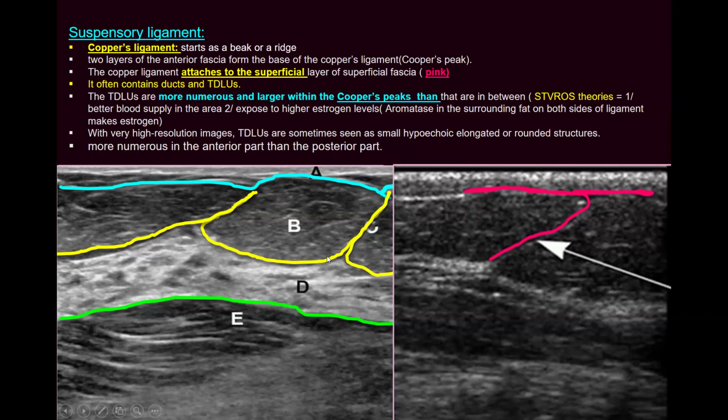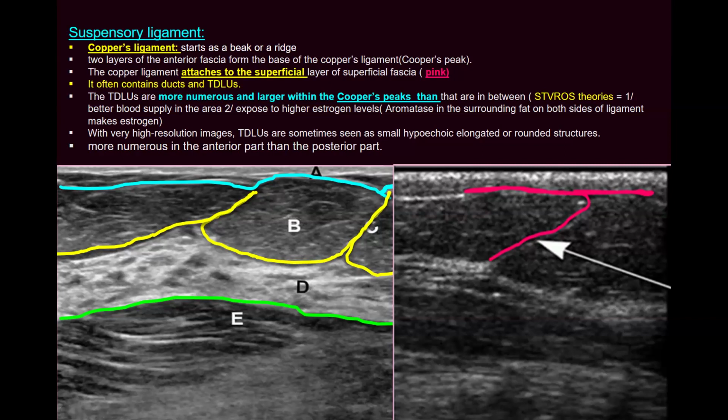So it has a base. This is the apex, and here is the base. And as we mentioned, it is not attached to the skin. It attaches to the superficial layer of the superficial fascia.